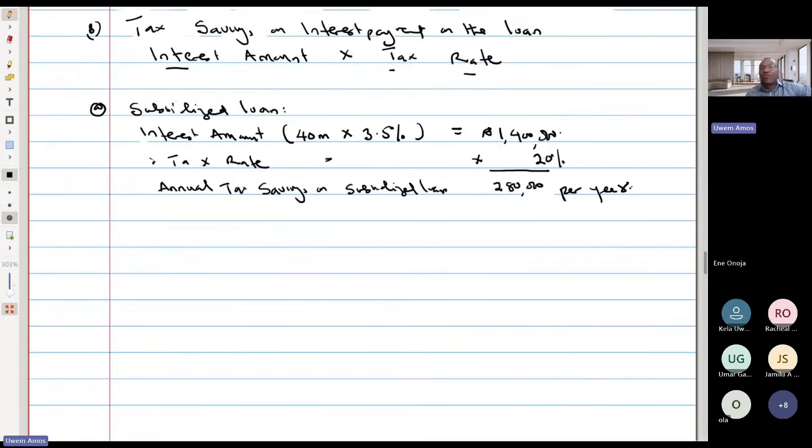So that's our tax savings on the subsidized loan, 280,000 per year. If this loan is just for 1 year, we are fine. But if the loan is more than 1 year, it means that we need to extend this over the tenure of the loan, making use of the concept of annuity. So let's go down there quickly.